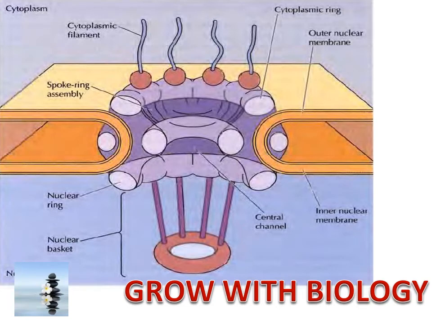This diagram you can draw in your exams, showing only the nuclear pore complex, which has cytoplasmic filaments. On the inner side we have four spokes and a nuclear basket. Through this nuclear basket the molecules or proteins will move. There are spoke-like assemblies, the outer membrane and the inner membrane, and there is a cytoplasmic ring on the outer side and a nuclear ring on the inner side of the nucleus.